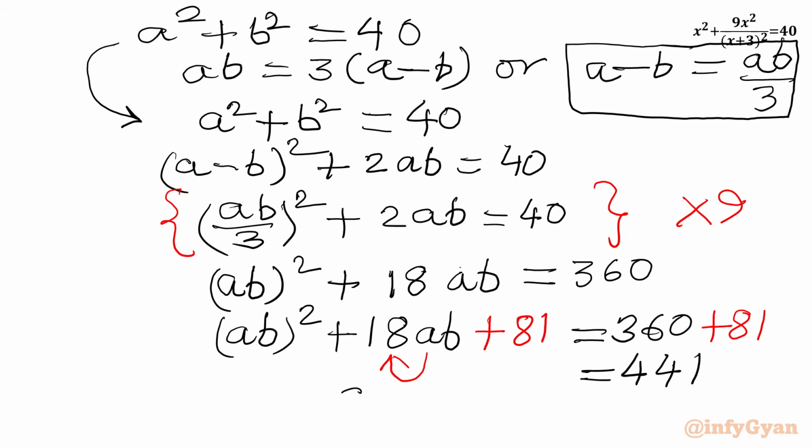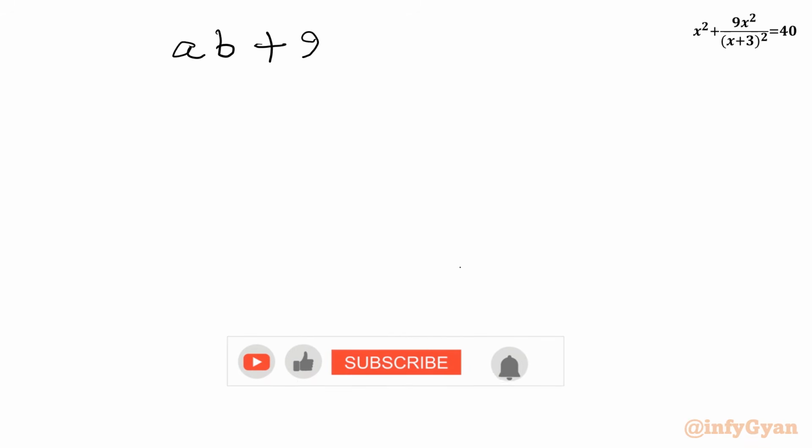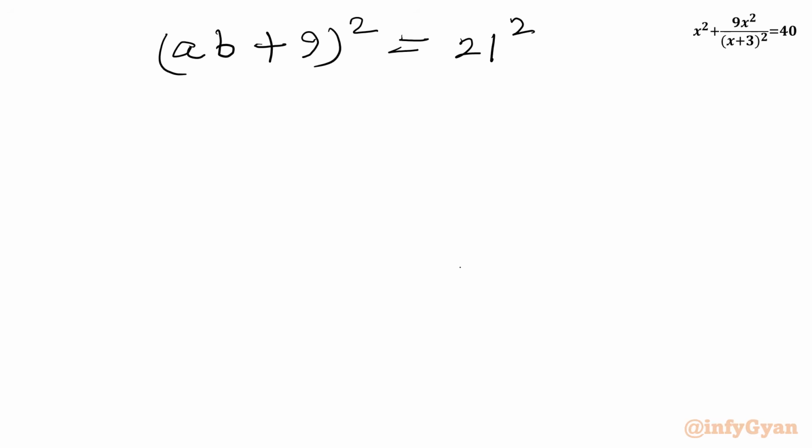On the left side we have one perfect square, ab plus 9 whole square, equal to 441, which is the square of 21. So we can write ab plus 9 whole square equal to 21 square.